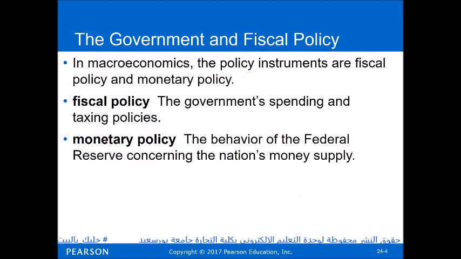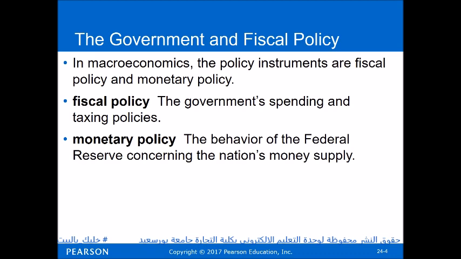Generally speaking, in macroeconomics, the policy instruments, the tools that the government makes use of, are fiscal policy and monetary policy. So let's distinguish fiscal policy from monetary policy.